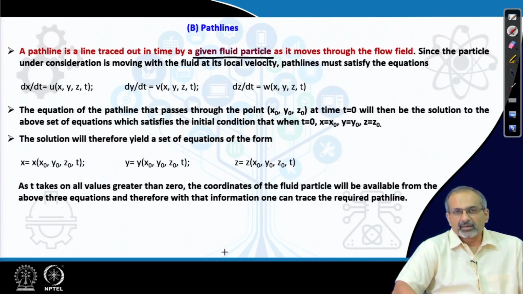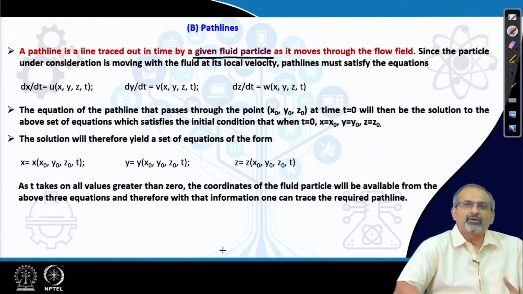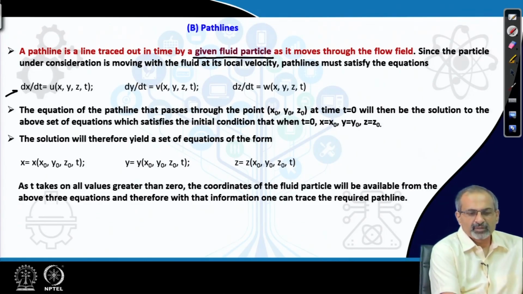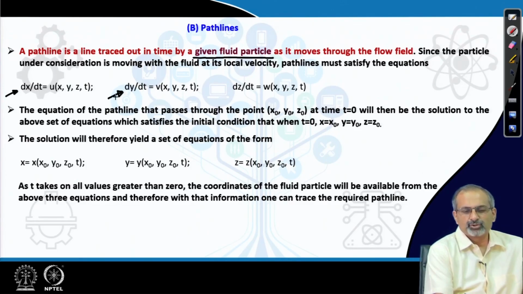Since the particle under consideration is going to move with the fluid at its local velocity, because it is just being taken to different points by the effect of the overall flow movement, the path lines must satisfy the following equations: dx/dt should be equal to the local flow velocity component u, dy/dt should be equal to the local v component of velocity.